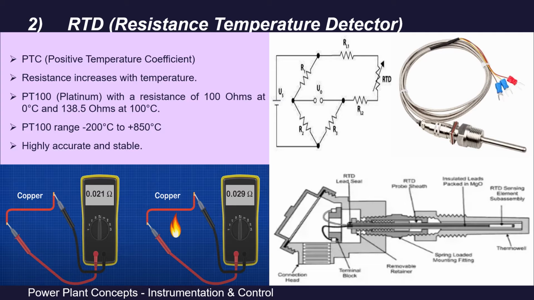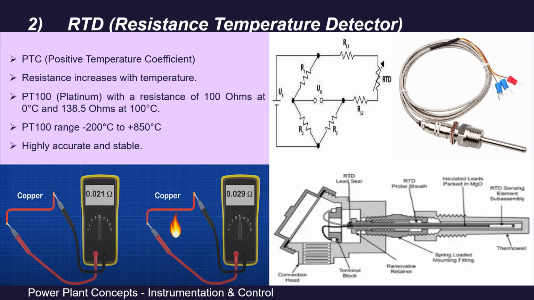Generally, in a power plant, we use PT100 with a resistance of 100 ohms at 0 degrees centigrade and 138.5 ohms at 100 degrees centigrade. This PT100 can be used for a range of minus 200 degrees centigrade to plus 850 degrees centigrade. These RTDs are also known for their high accuracy and stability over a wide temperature range.